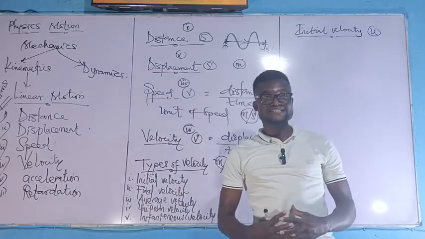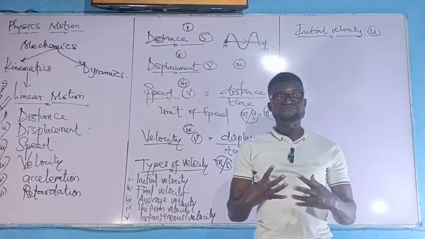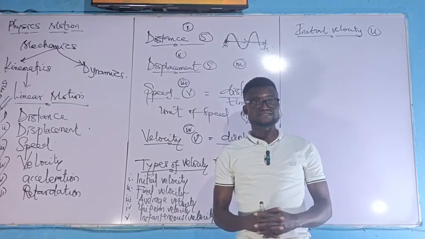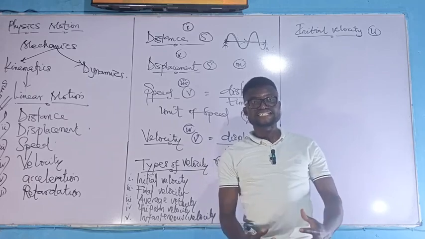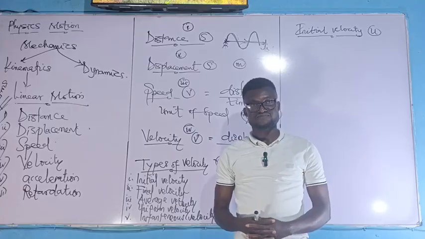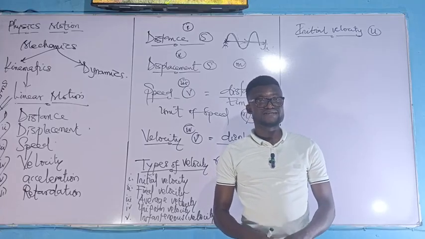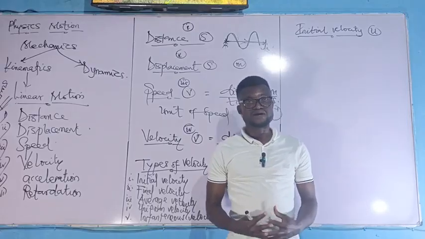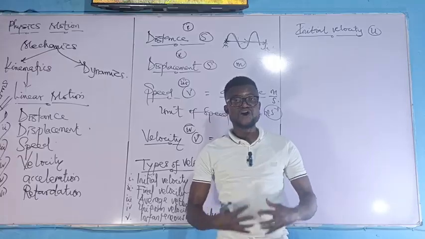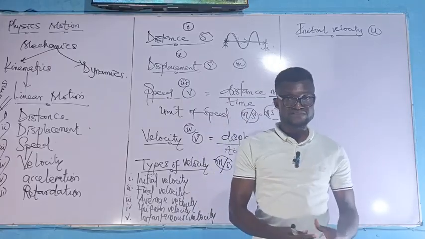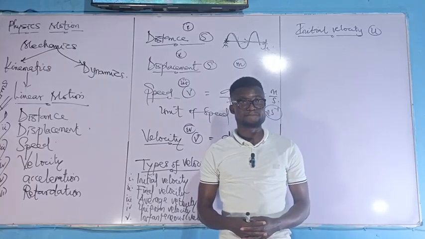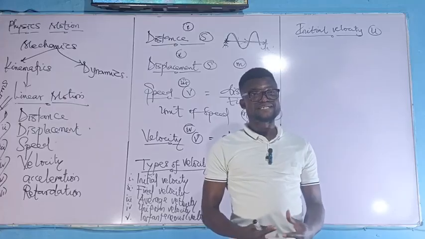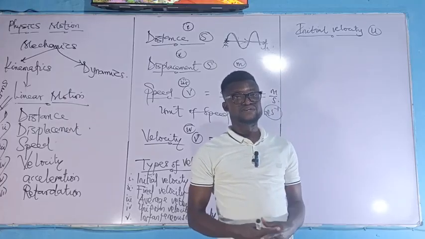Initial velocity can be defined as the velocity of an object before the starting of observation. It is also measured in meter per second because it is what? A velocity.